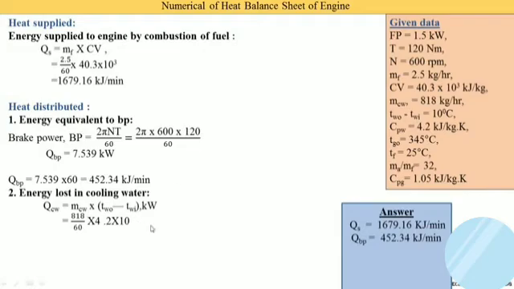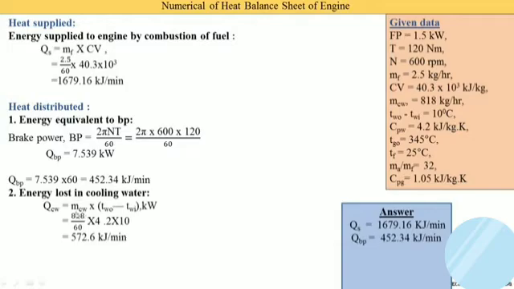What is the specific heat of the water? It is given as 4.2. Suppose in some example it is not given, then we consider 4.187. And the change in temperature is given as 10 degrees centigrade. Here we do not need to convert into Kelvin because it is a difference, so the answer comes the same. So the answer is 572.6 kilojoule per minute.